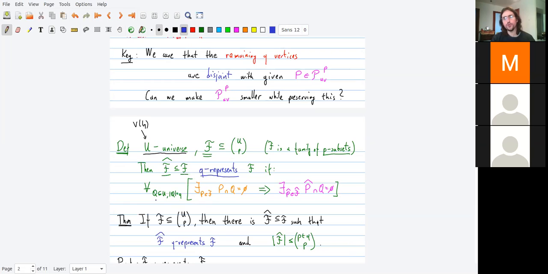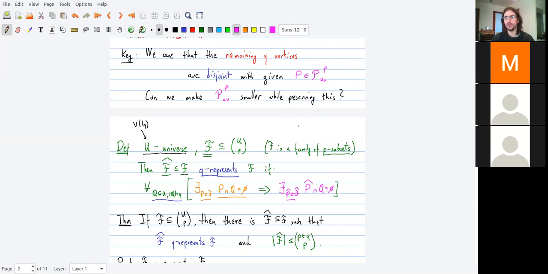Whatever happens in the future, so for every possible subset Q of vertices that will come, if there is a set P in F that fits Q in the sense that they are disjoint, then I can also find a witness in my representative family, a set P hat that is also disjoint from Q.